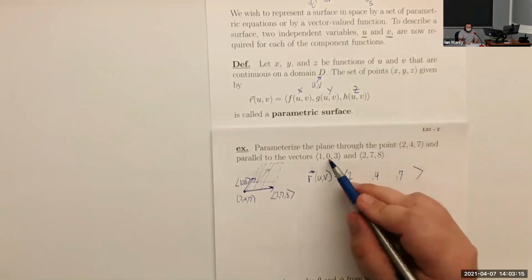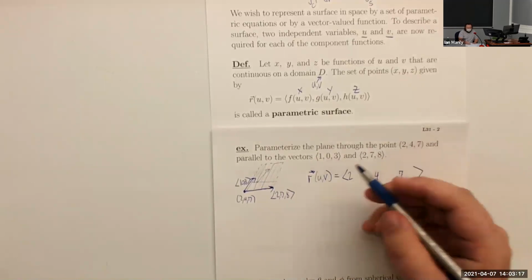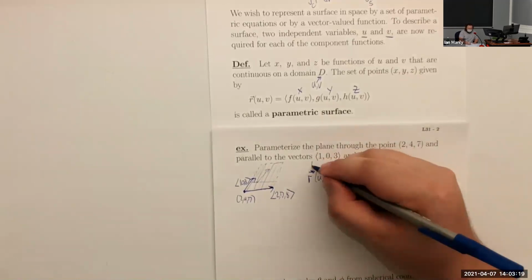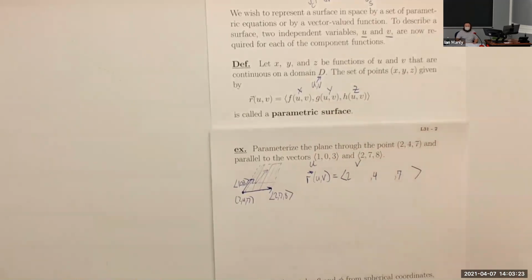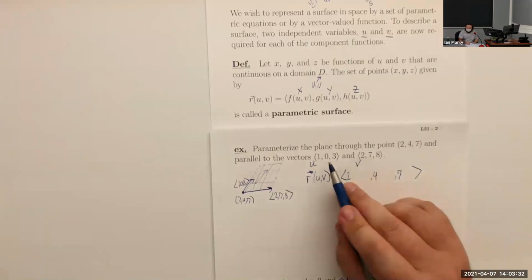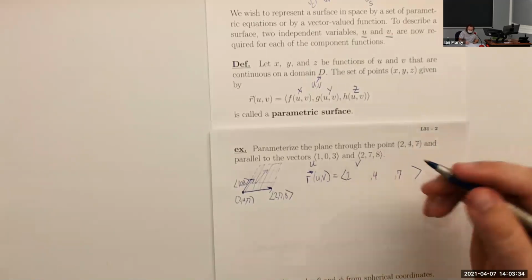So what we're going to do is stick a variable next to each one of them. I'm going to do u times this one and v times this one. For those of you who have taken linear algebra before, this is a linear combination of these two vectors. We're taking any possible linear combination. Don't worry if you don't know what that means, though.